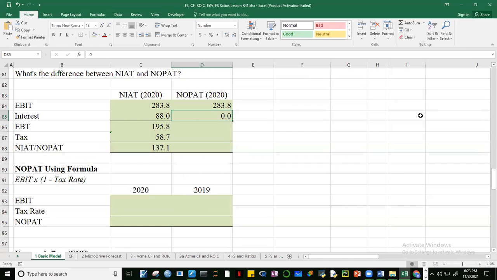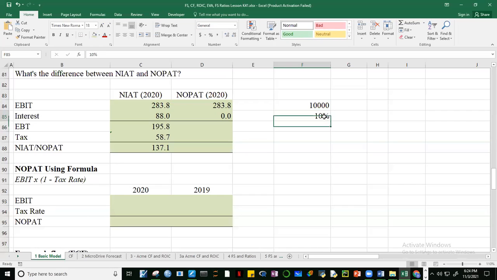For purposes of example, let's say the finance department borrowed 10,000, in millions, with an interest rate of 10%.